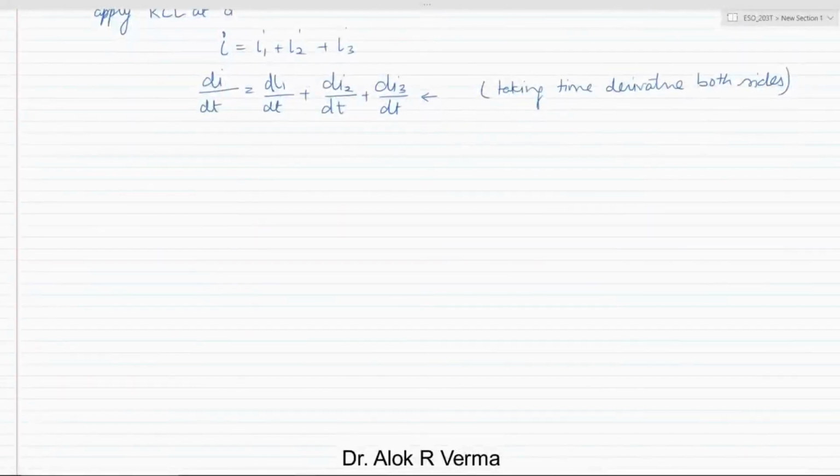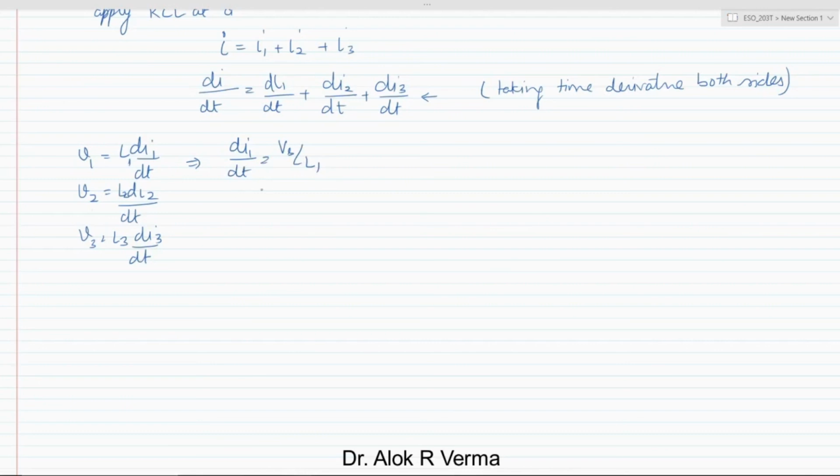So we have written the expressions from here, right? V1 is nothing but L1 di1 by dt, and V2 is nothing but L2 di2 by dt, and V3 is nothing but L3 di3 by dt, and these are the same. V1 equal to V2 equal to V3 is Vs. So from here, di1 by dt is nothing but Vs by L1.